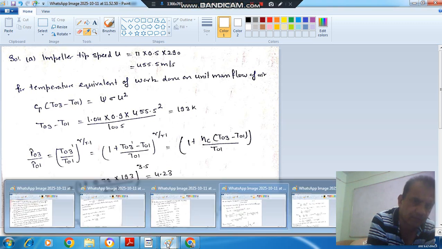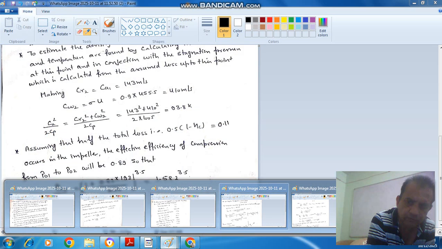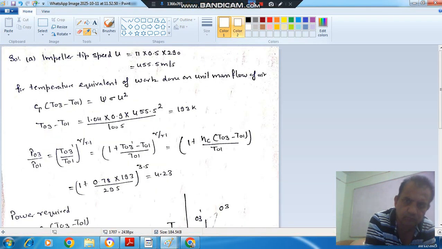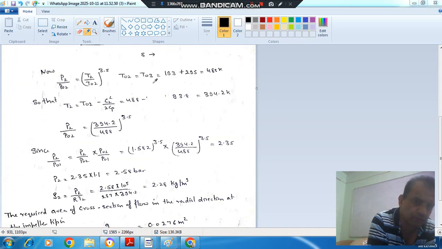So from this we can calculate T02 or T03. That is 193 plus 295, that is 488 Kelvin. So T02 is this, and if we subtract dynamic temperature from T02, then it will be static temperature, that is T2. Then we can apply the isentropic relation, P2 by P02 is equal to T2 by T02 to the power 3.5, and then we can find the P2 by P02 ratio.